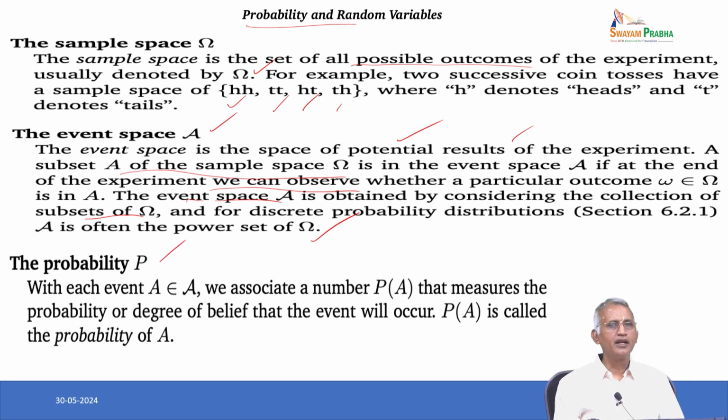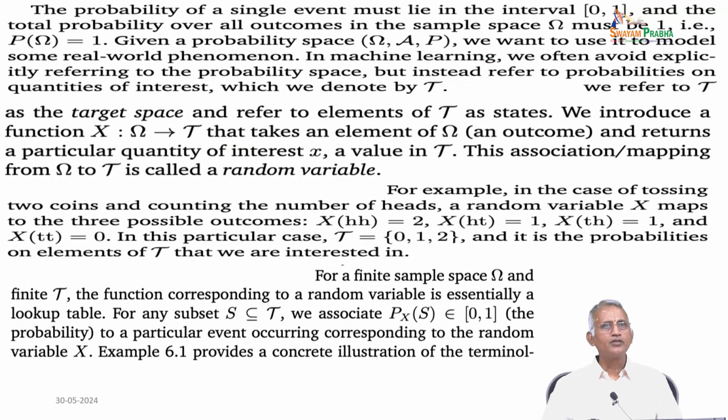Next, we have to discuss probability. You take an event A in the event space and associate it with P of A, the probability or degree of an event. Then P of A is called the probability of A, meaning the number of possibilities over the total number of outcomes. These two are important to identify the requirement of the probability. Now, the probability of a single event must be in the interval 0 to 1.